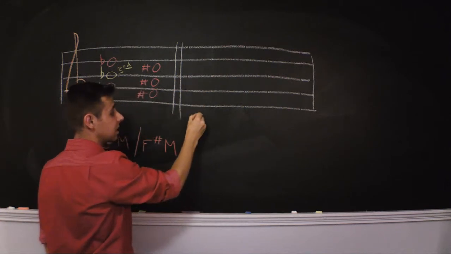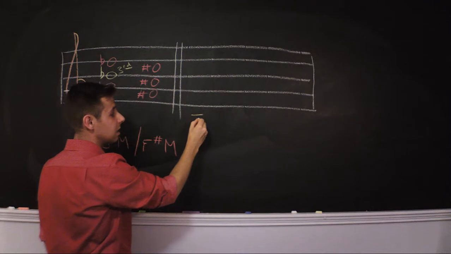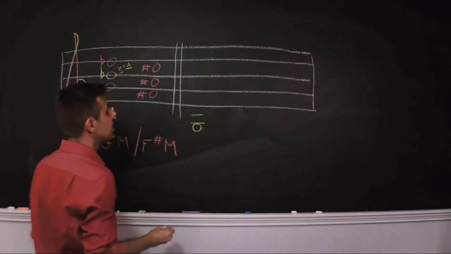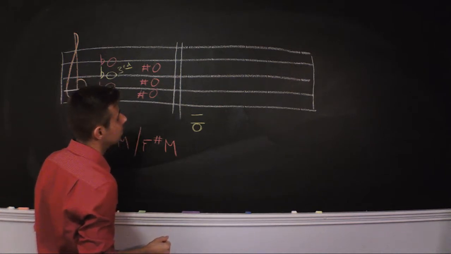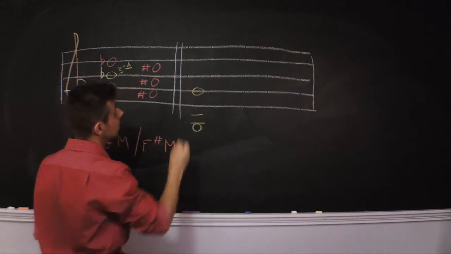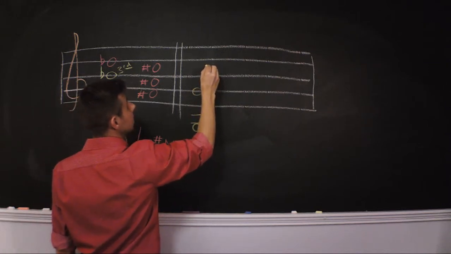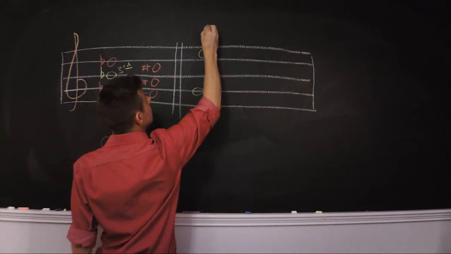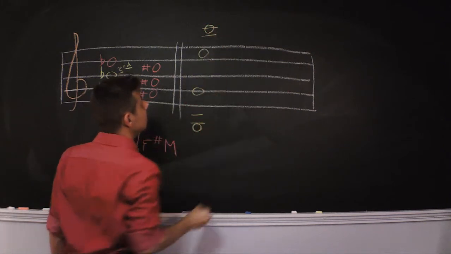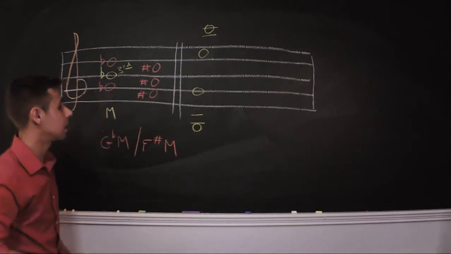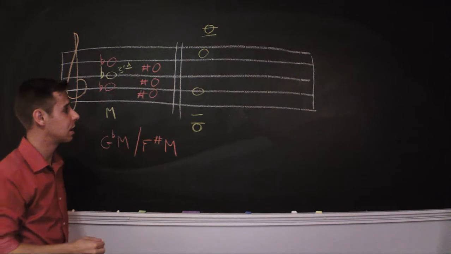So this would be middle C. This would be B, A. So that note would be G. And we'll do another G. And we'll do E. And we'll do C6. All right, go ahead and pause the video, give it a shot.